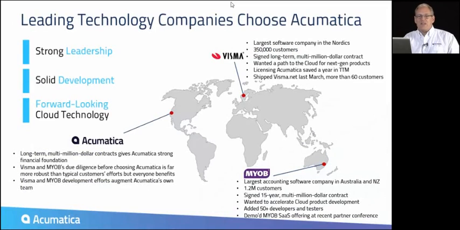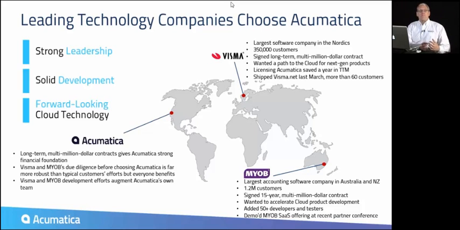You'll be in the company of some leading technology companies that I already talked about, Visma and MYOB. And here are some statistics about those organizations. They provide us with the ability to deliver strong leadership and solid development, because not only do we have our own development teams, but the developers inside those organizations also collaborate with Acumatica.